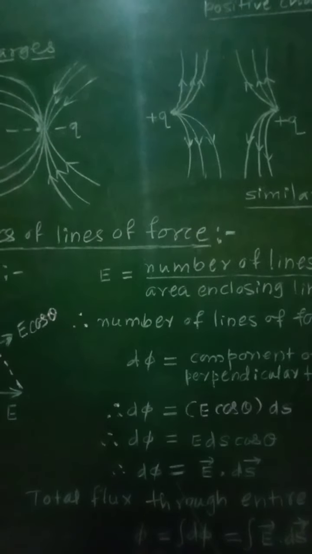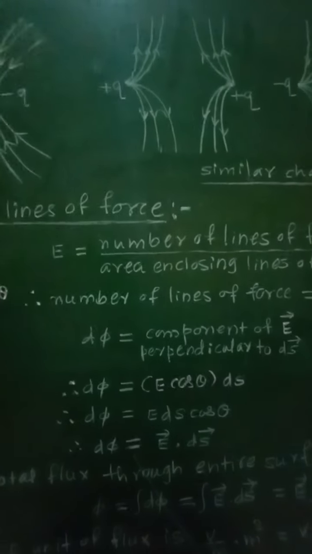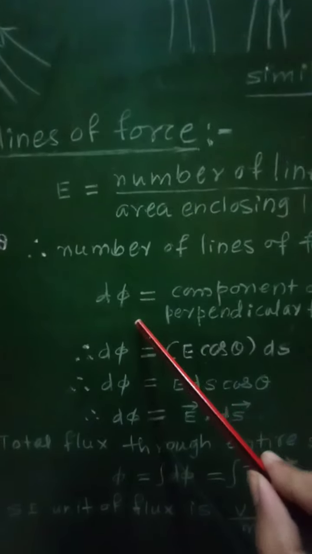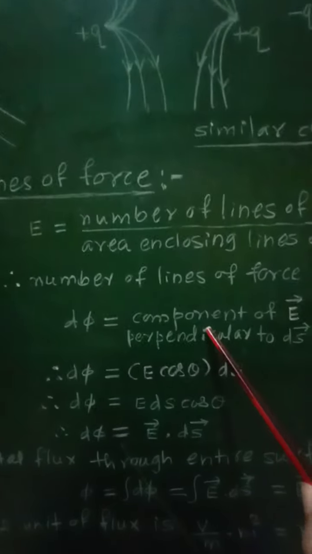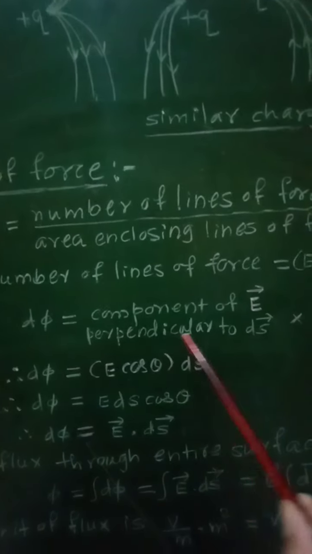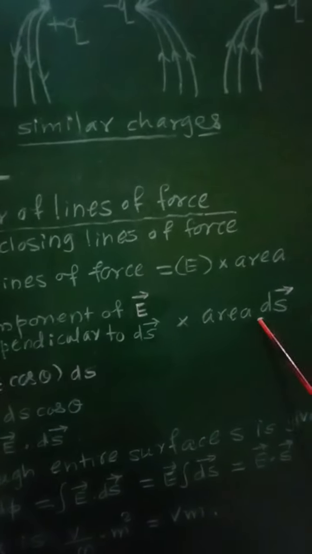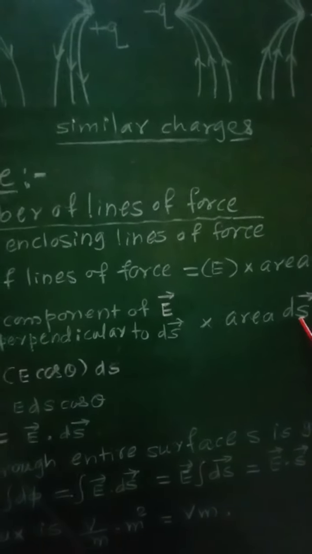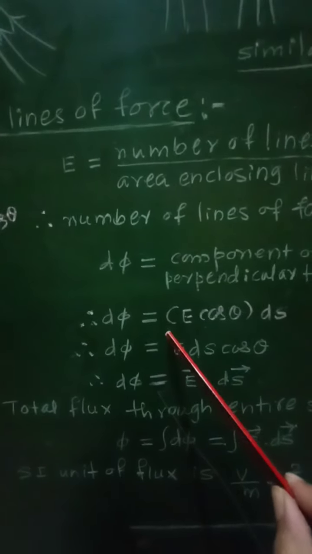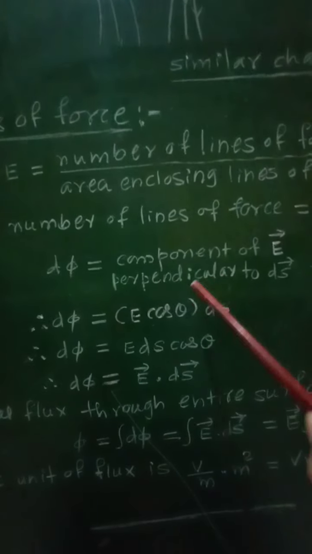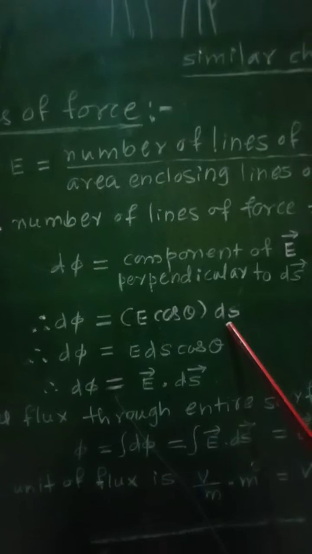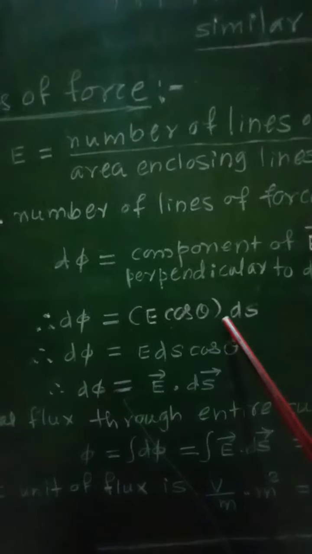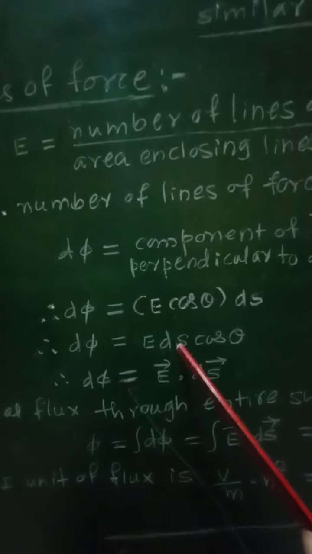Then the electric flux passing through area ds, that is the number of electric lines of force passing through area ds, will be given as d phi. It is the component of vector E perpendicular to ds into the area ds, and therefore we can write d phi equal to E cos theta into ds, that is d phi equal to E ds cos theta.